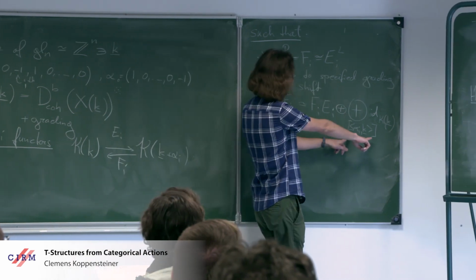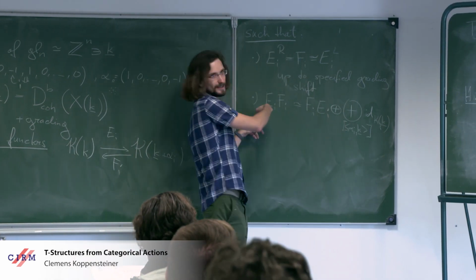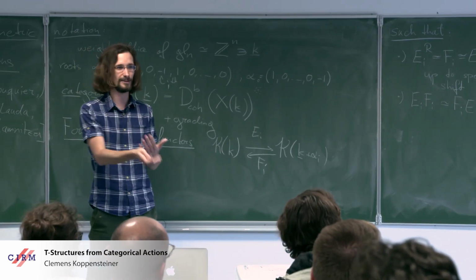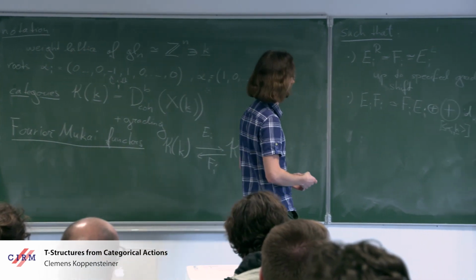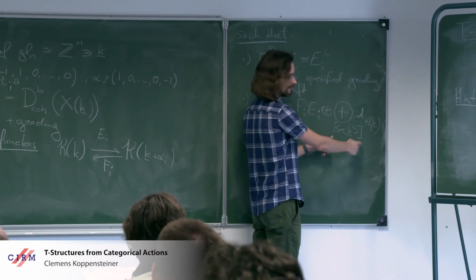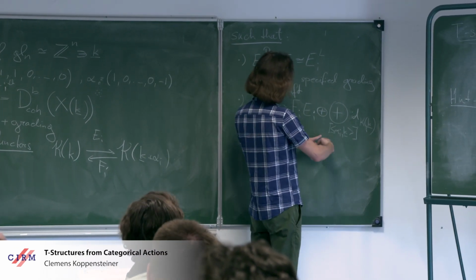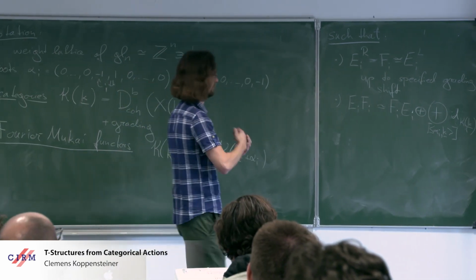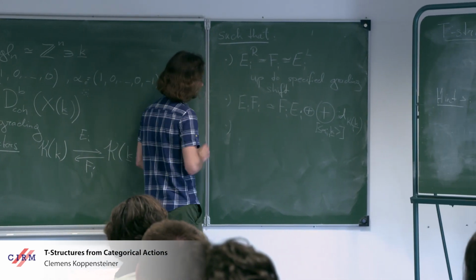And if this is a negative number, then this should be on the other side. Because on a categorical level, I can only add things, I can never subtract things. So if I would have to subtract something in the usual setting, then I would have to put it on the other side. So there's a symmetric thing if the index is negative.